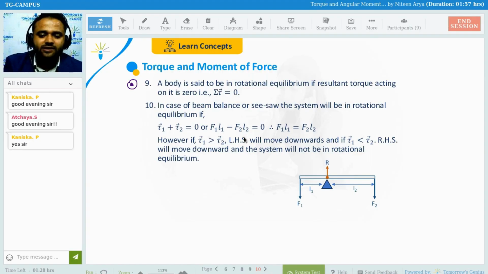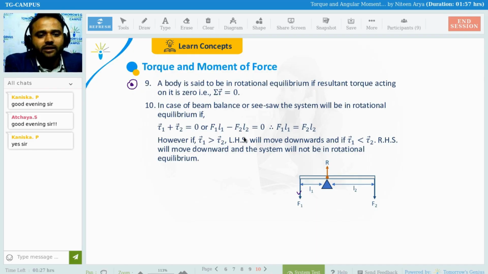What does it mean? As you can see, that is your L1, and that is your L2. So F1, the force at L1, is obviously going to be downward, and if it is going downward, that one is going to be upward. In both cases, the torque is completely dependent on this length and force.